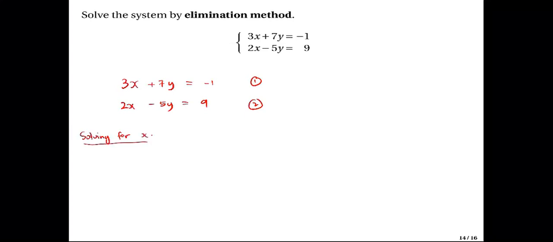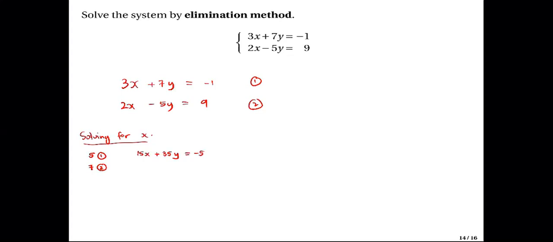So for the first, I'll multiply equation 1 by 5. And then I'll multiply equation 2 by 7. Equation 1, okay? We have 5. This will give us what? 15x plus 35y equals minus 5.